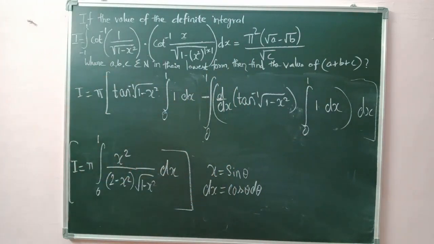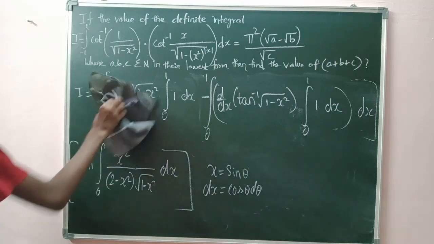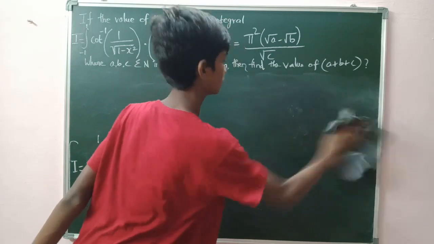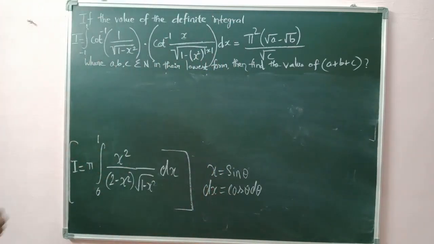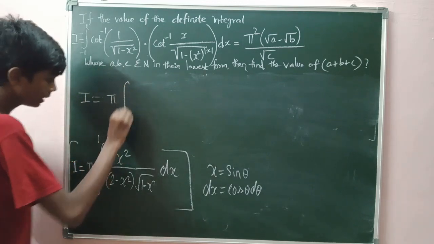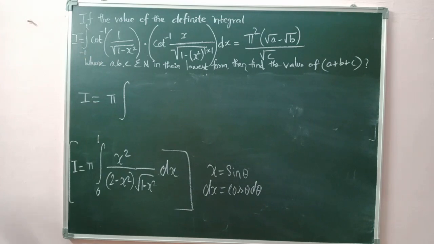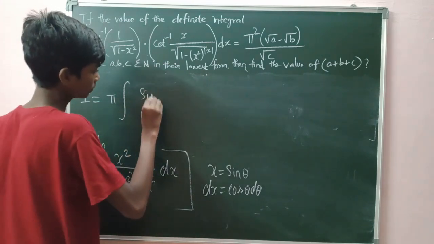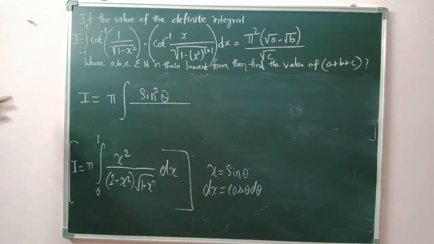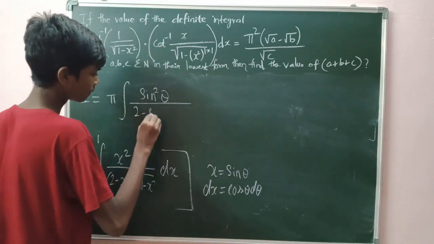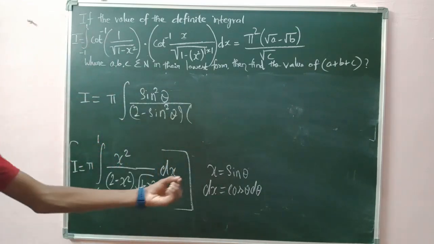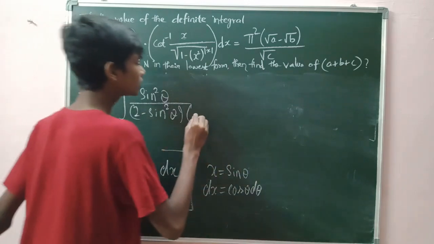So when I take x as sin theta, how will I get this I? It's a very big question, guys. Then I can be written as pi times the integral of x square is sin square theta, by 2 minus x square is 2 minus sin square theta. Okay, I will solve it fast. So root of 1 minus x square is root of 1 minus sin square, is root of cos square theta, is cos theta.